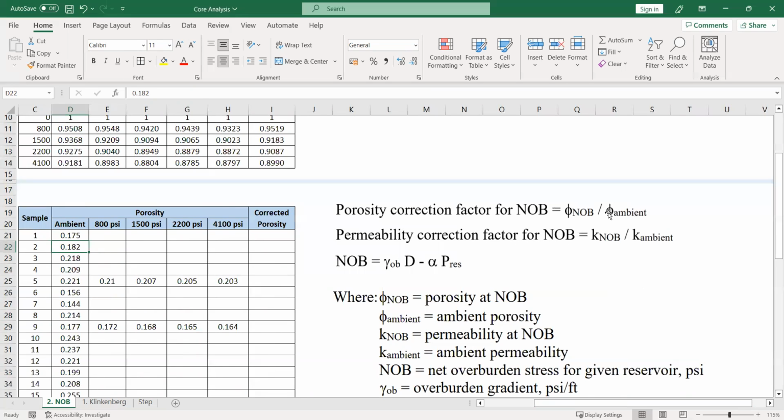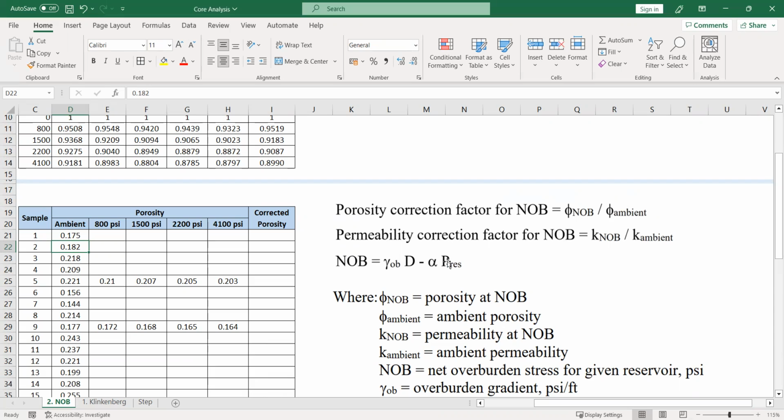It must be below 1, because porosity at ambient condition will be greater than porosity measured under overburden, because the rock will expand and the pores will expand under ambient pressure. Then the permeability correction factor for NOB has the same formula as porosity: permeability measured under overburden condition divided by permeability measured under ambient condition.